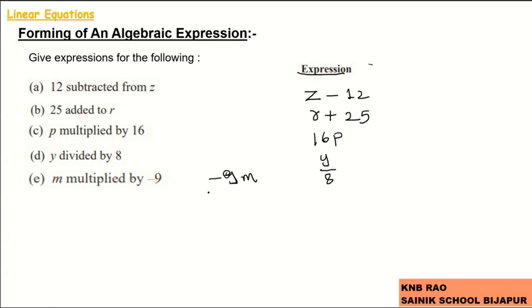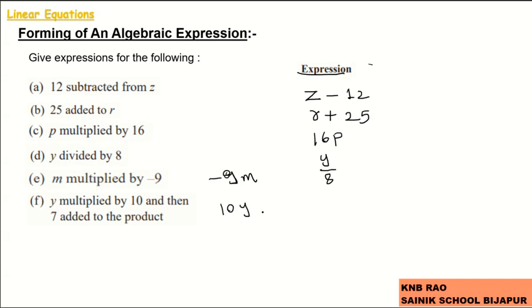Next, we can write y multiplied by 10 and then 7 added to the product. Y multiplied by 10, to that product 7 is added, can be written like this.